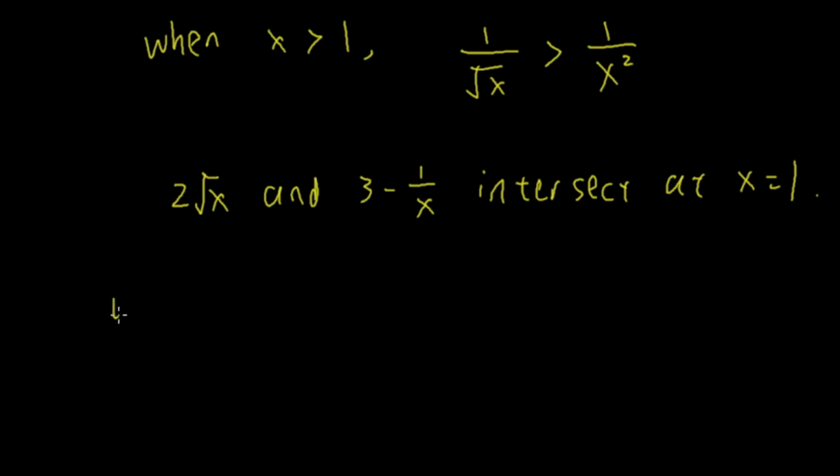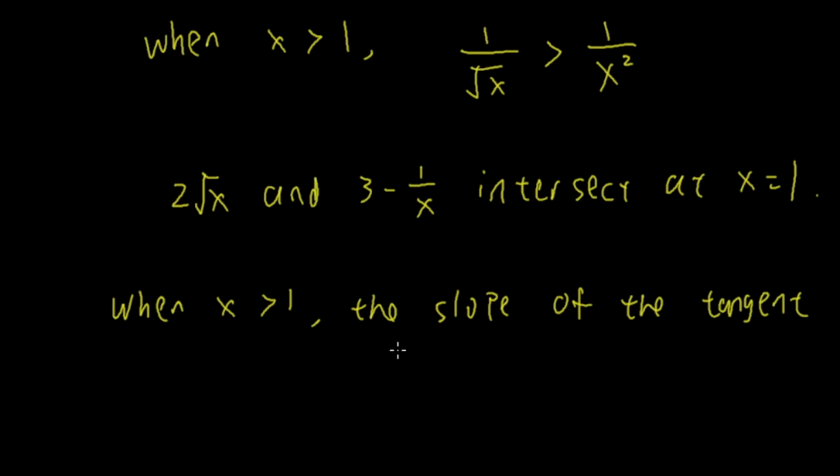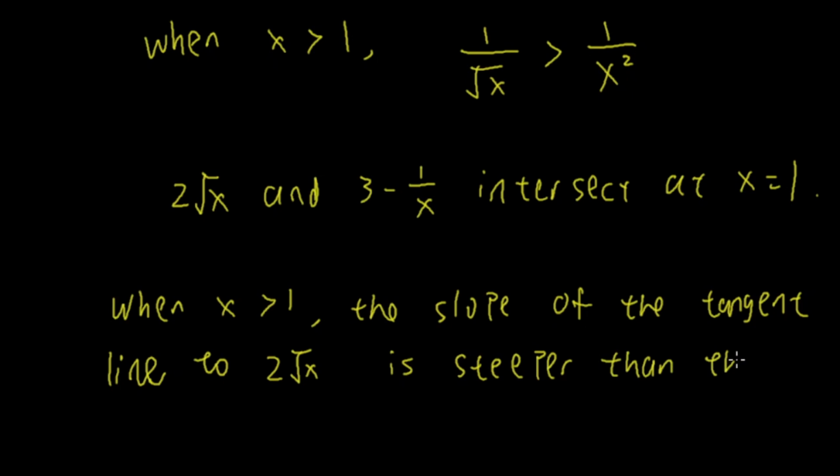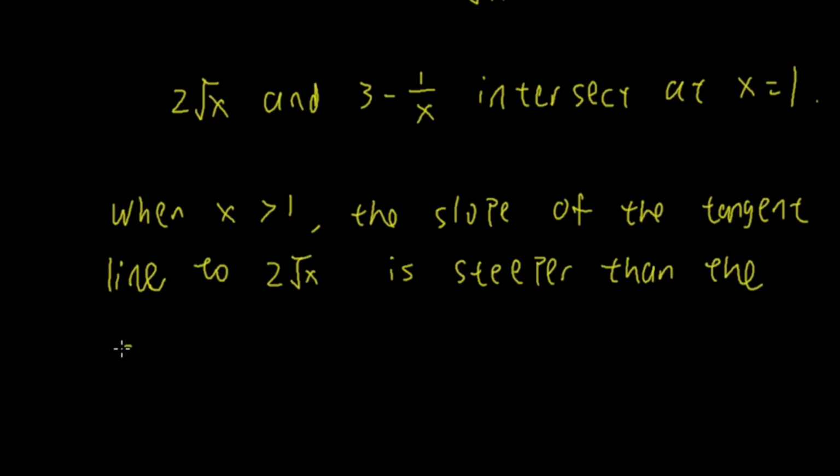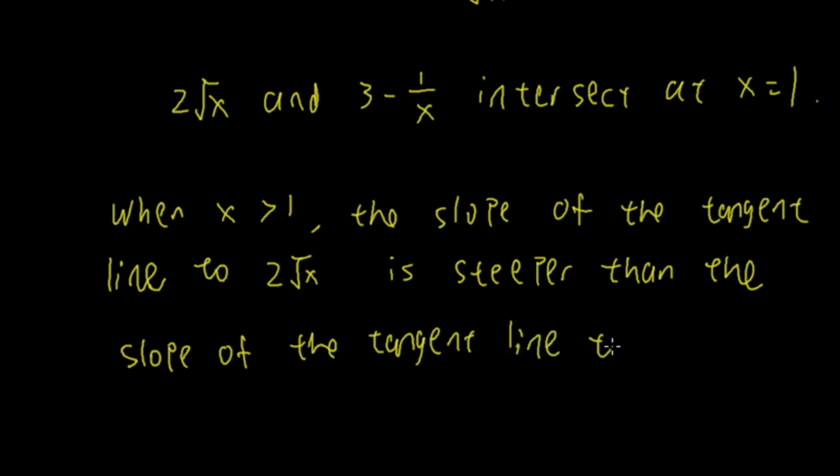So that means when x is greater than 1, the slope of the tangent line to 2 times square root of x is steeper than the slope of the tangent line to 3 minus 1 over x.